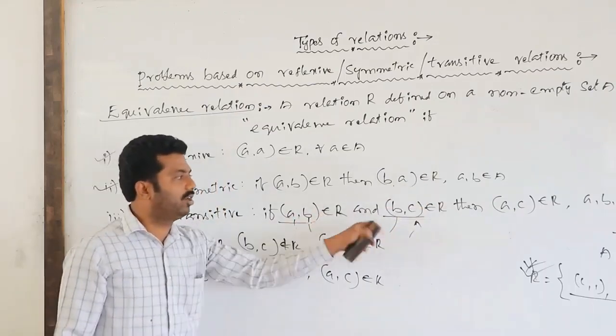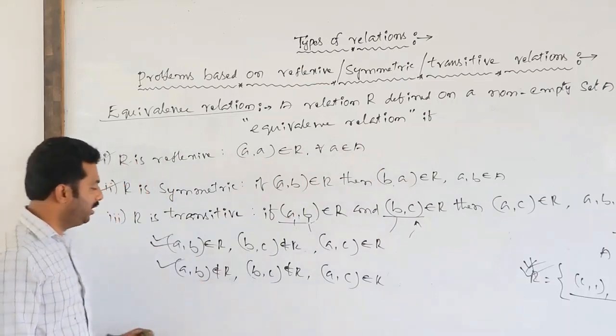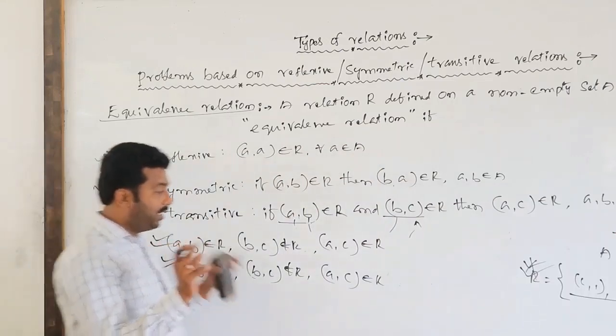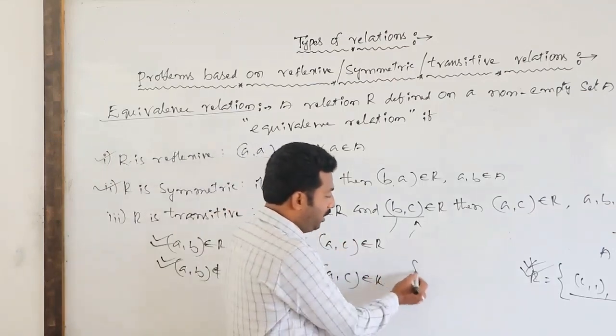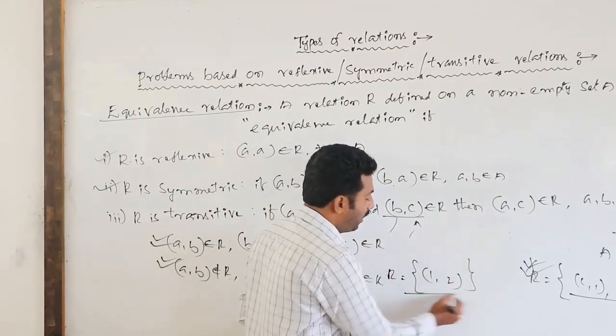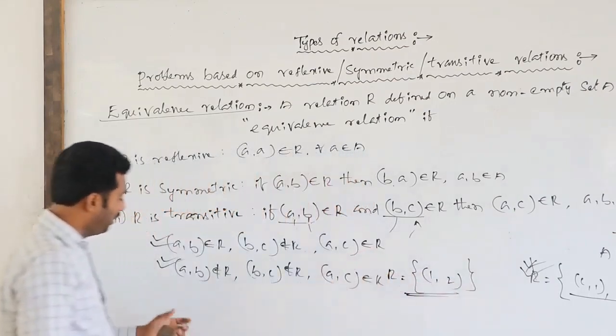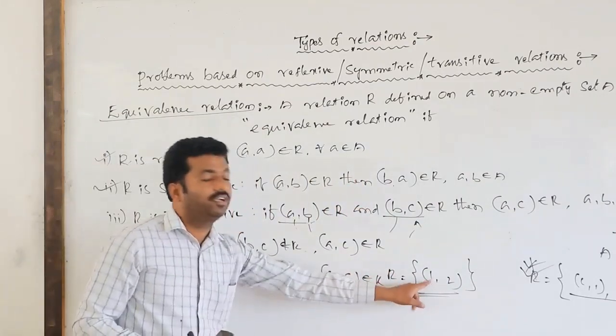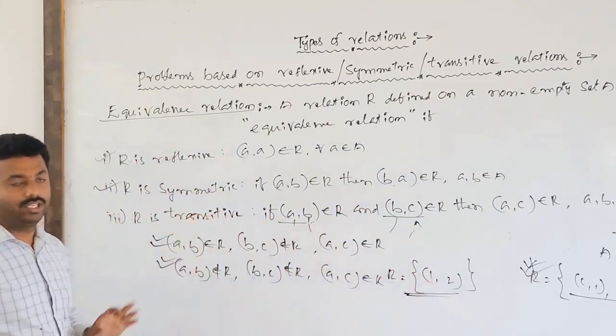If these two pairs are not there, no need to check A comma C. Trivially that is a transitive relation. So that I told clearly in the relations previous class. In any relation, if only one ordered pair is there, trivially that is a transitive relation. This is the example. See, AB is not there, BC is not there. Only a single pair is there. Trivially that is a transitive relation.